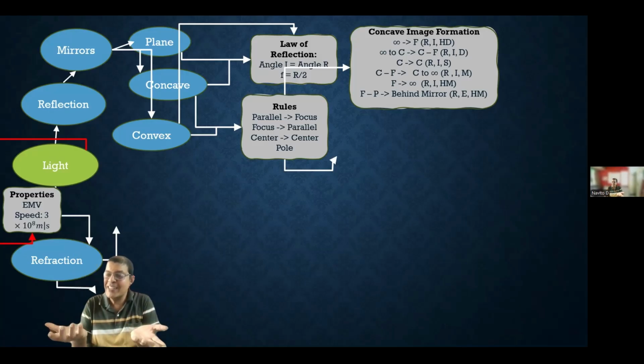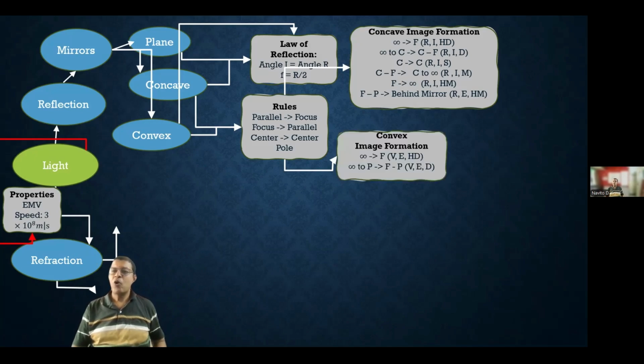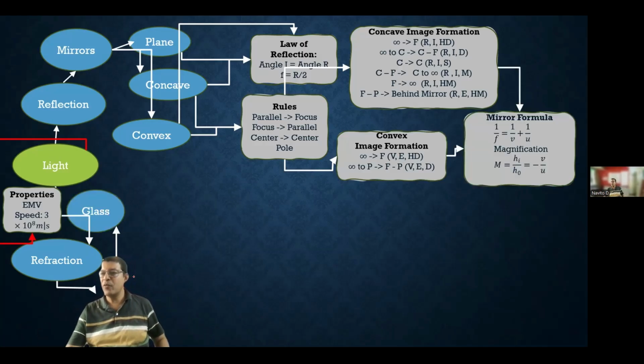And at the center, it is the same size. When they cross the center, the image will get magnified. Right? That's how you need to remember. For convex, it is always a diminished image and erect. We have seen that. We have seen the mirror formulas.